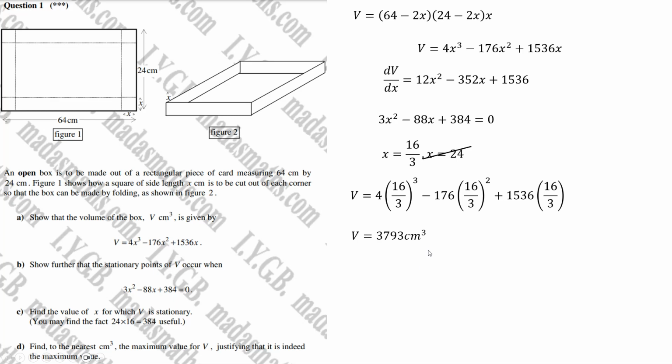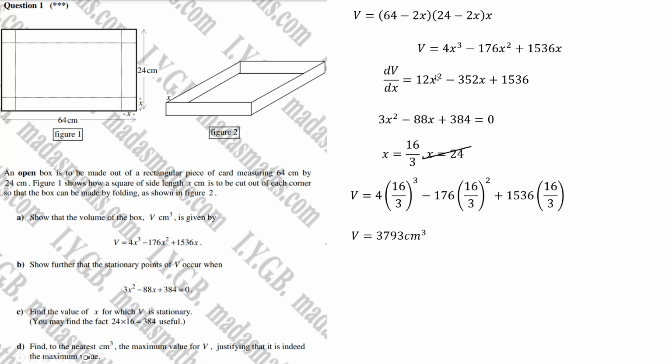To prove that it's a maximum, we need to analyze what's actually going on at the second derivative. So we've got the first derivative as this. To determine the nature of this point here, whether it maximizes or minimizes V, we have to find the second derivative.